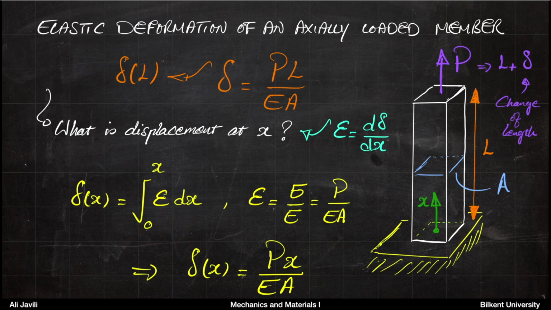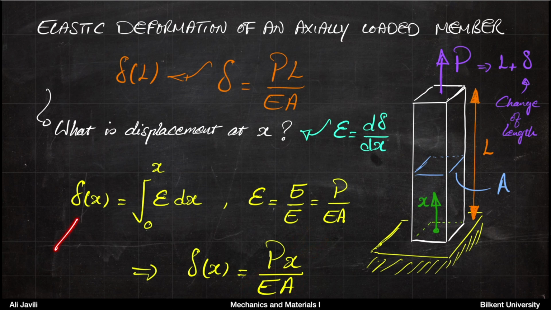In that relation, you remember that sigma equals E epsilon. That means epsilon itself is sigma divided by E, and sigma itself is P divided by A. So we can replace that epsilon here, and you can see that for this particular problem this is a constant. If you do that, you get delta x equals Px divided by EA.